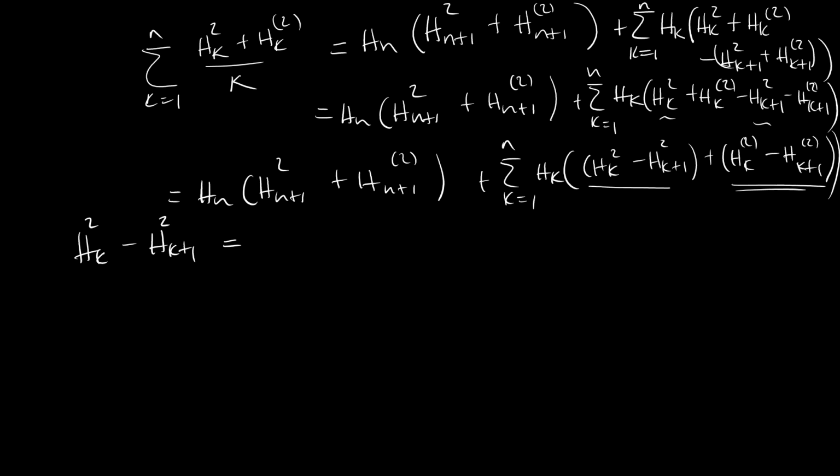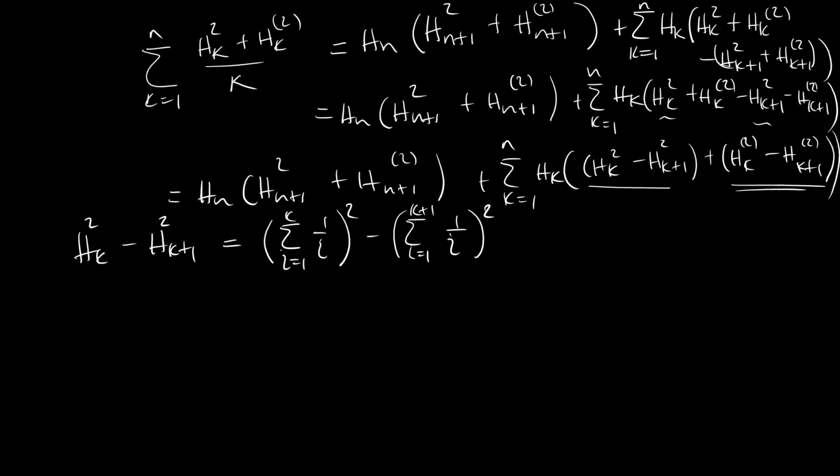This is the same as the summation from i equals 1 to k of 1 over i, squared, minus the summation from i equals 1 to k plus 1 of 1 over i, squared.